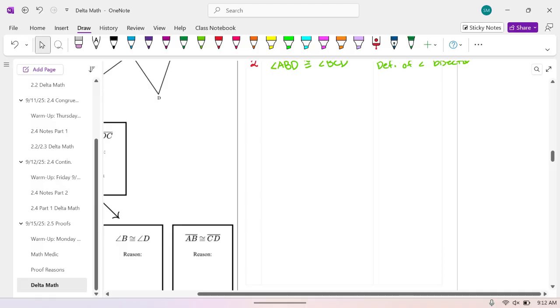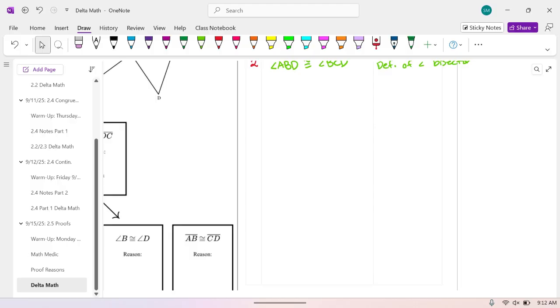So we concluded that angle ABD was congruent to angle CBD. So one more time. Angle B equals angle D? No, we can't conclude that based on the information we're given.